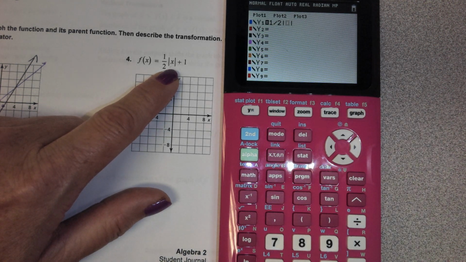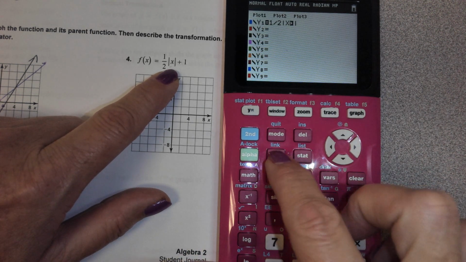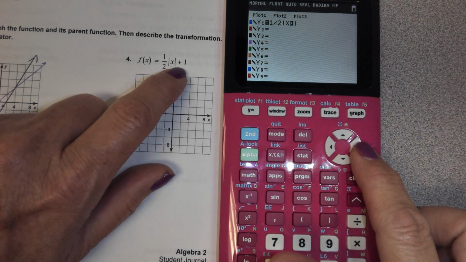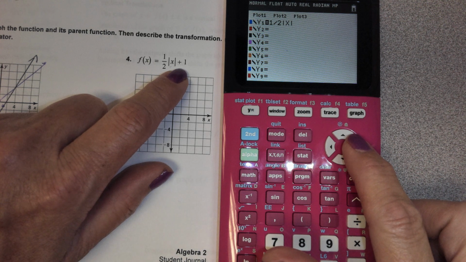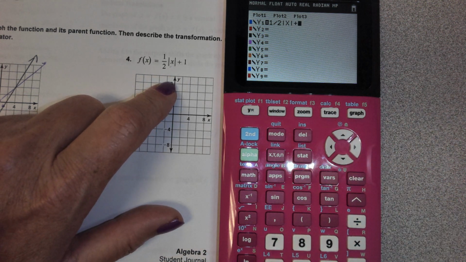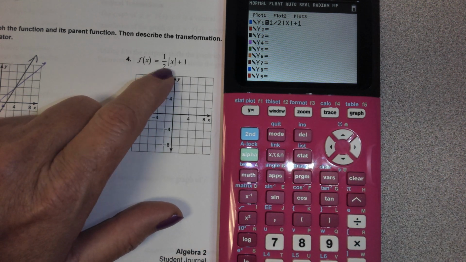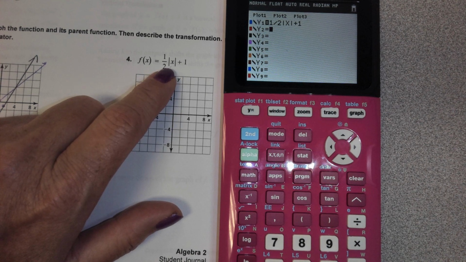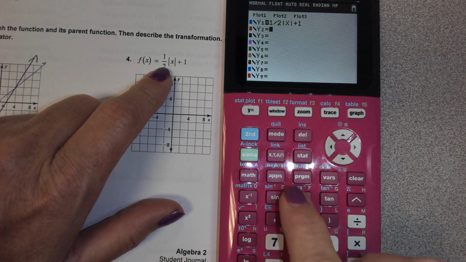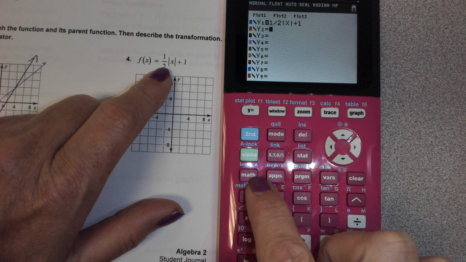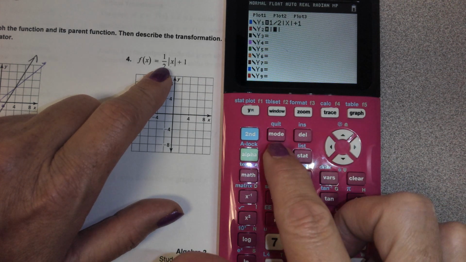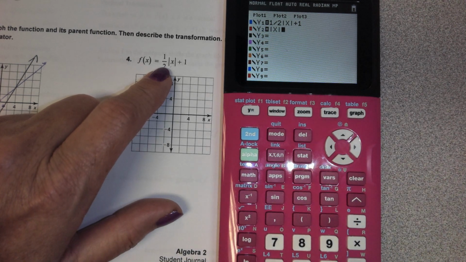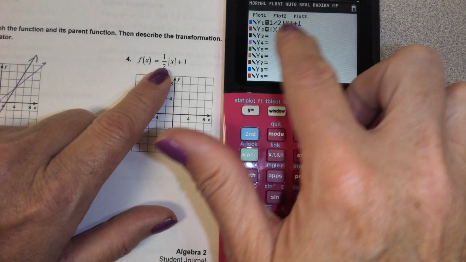That's absolute value. And I want X inside of there. This 1 is not inside of there, so I need to arrow out. So I'm going to arrow outside of there and put +1. That's this one, okay? I forgot to put in the parent function, so I'm just going to go ahead and put in the normal one. So Math, Num, absolute value of X. That's the parent function.